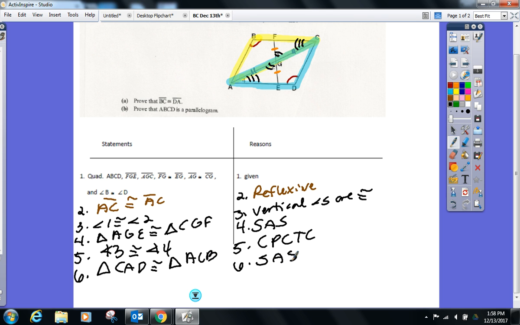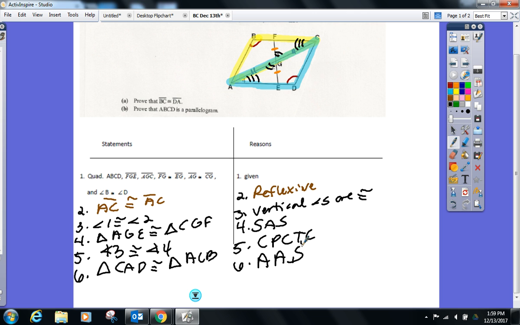Side angle side. And now finally, okay, everyone calm down. I got it. I heard side angles. I'm just making excuses. It's my fault. Is that side in the middle? Nope. So it's going to be angle side.